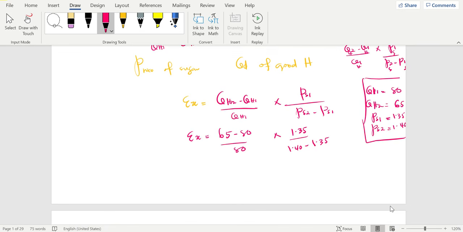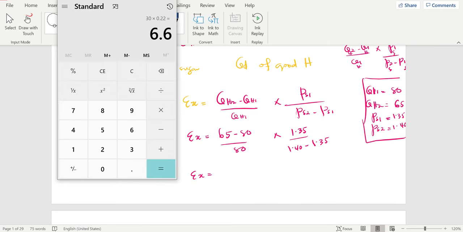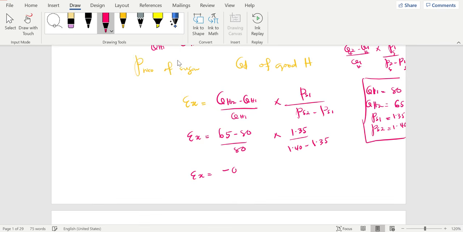Okay, EX equals 65 minus 80 divided by 80. Okay, remember 2 decimal places. If 7, it can round up, right? So it becomes 0.19, don't forget the negative sign. Negative 0.19 times RM4.40 minus RM1.35, 0.05.